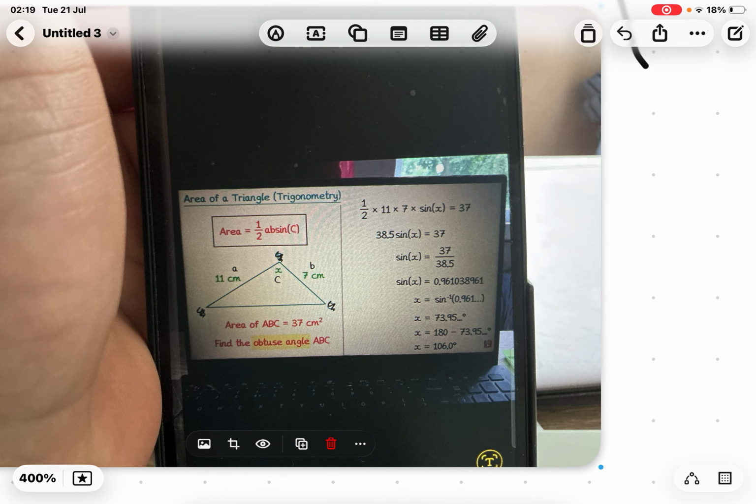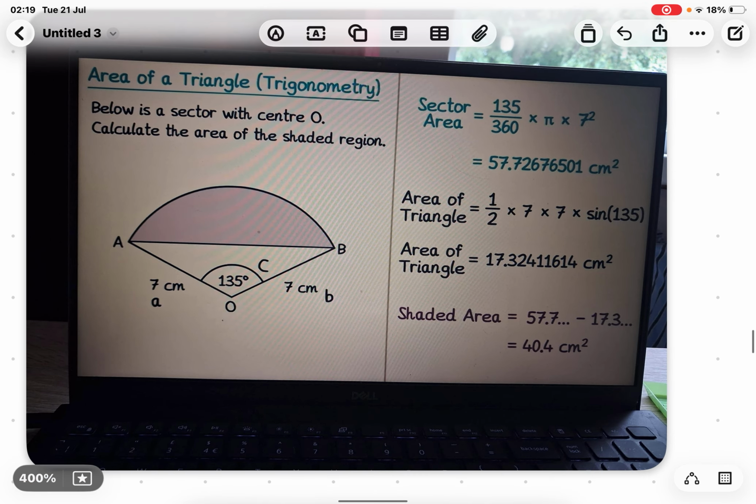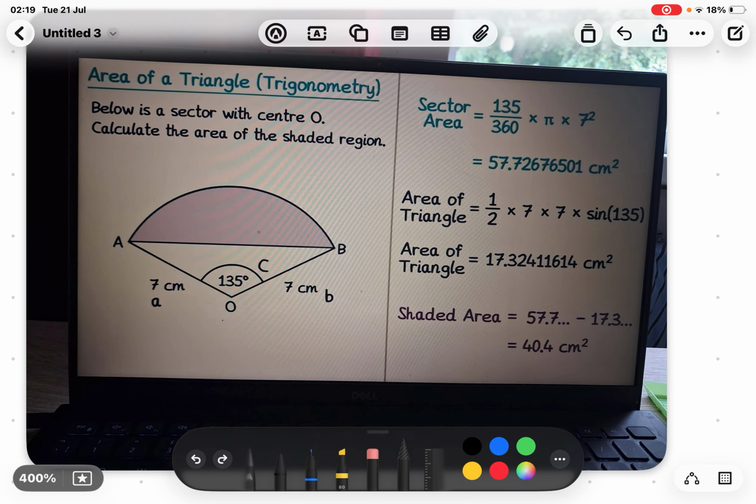While ChatGPT is thinking about that, let's talk about this one. So look, over here we want to find the center of the circle, O. We want to calculate the area of the shaded region, this part.